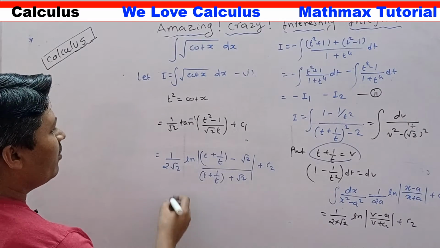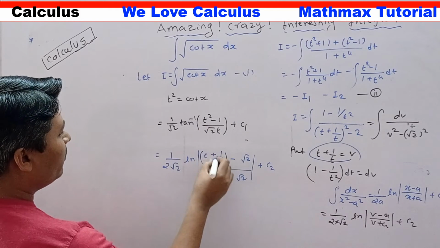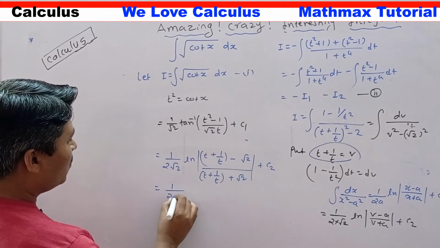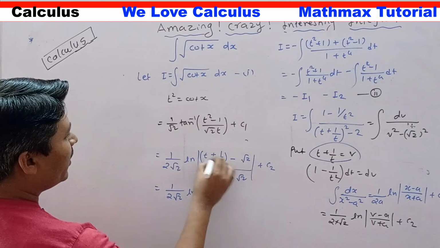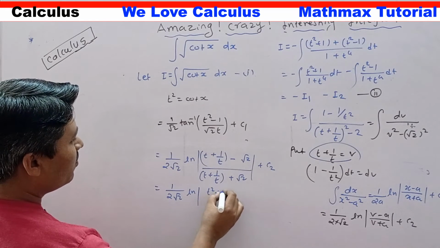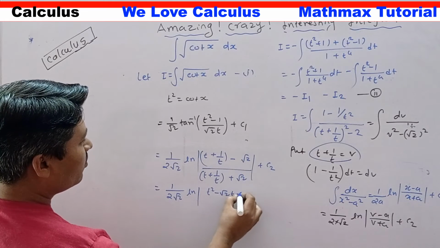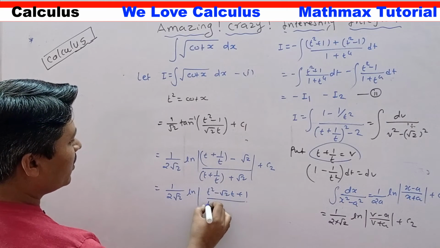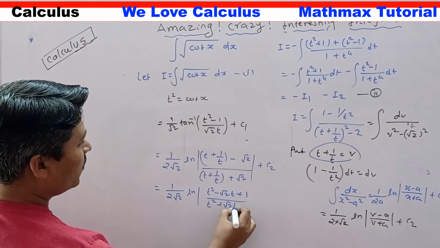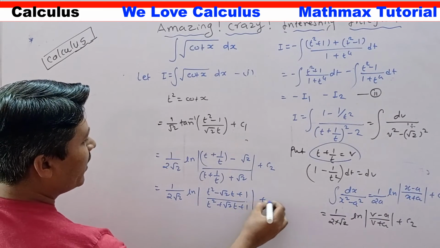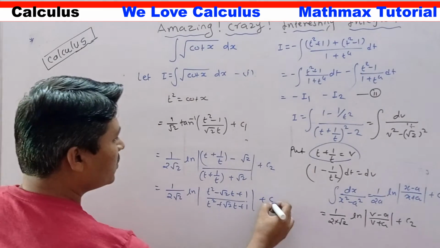Again we can arrange this equation as 1 upon 2 root 2 ln of (t square minus root 2t plus 1) divided by (t square plus root 2t plus 1), plus c2, the constant.